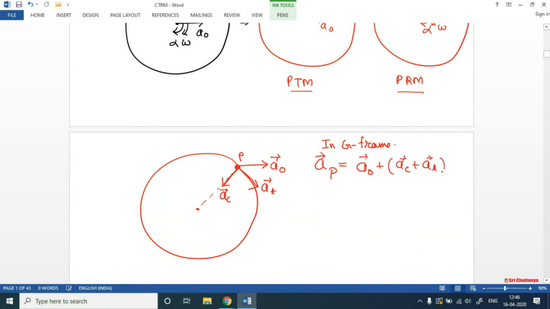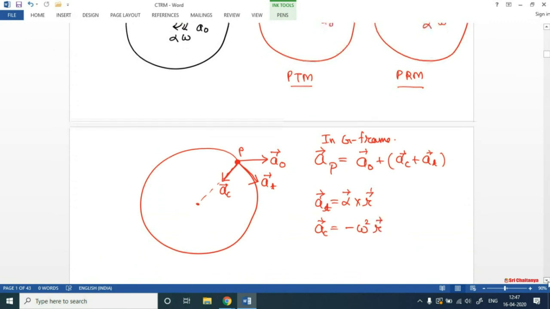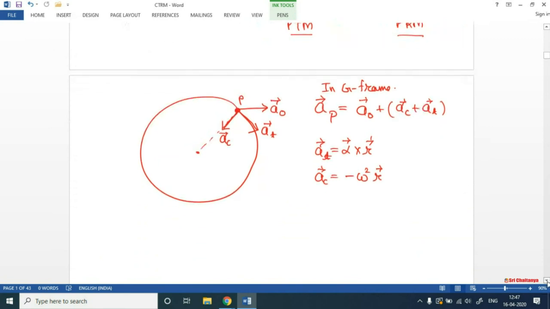Let me again write the expressions for AC and AT. AT is alpha cross R, and AC is nothing but minus omega square R. So this is how we are going to write the acceleration in the ground frame.